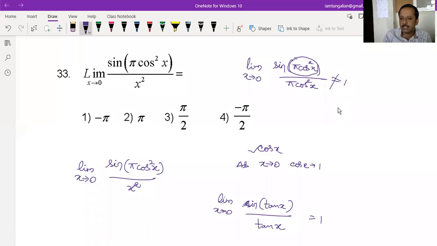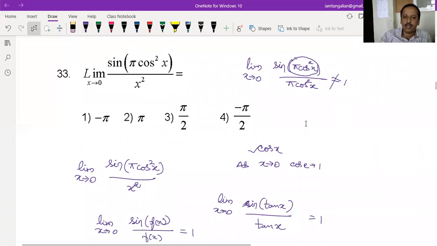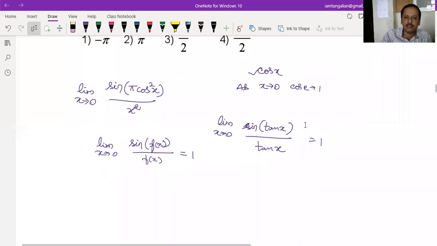Is it clear? Let me generalize this. Limit x tends to 0, sine of any function f of x divided by f of x will be equal to 1 provided f of x tends to 0 as x tends to 0.